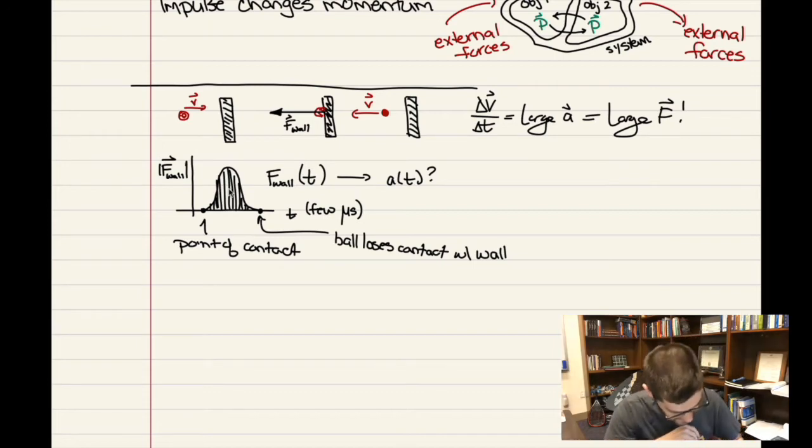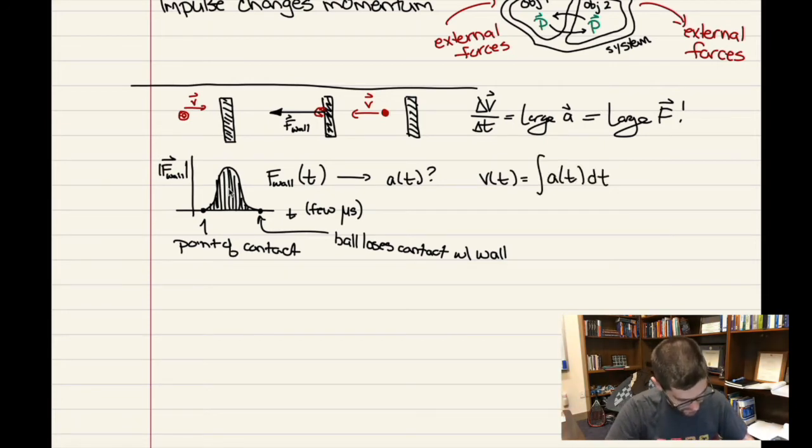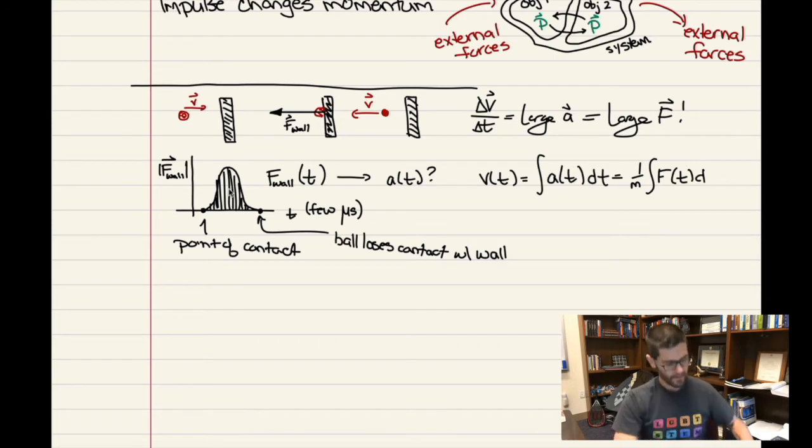To get the velocity as a function of time would then involve you having to do some integral over the acceleration, which would involve doing an integral over the force, divided by the mass, of this very complex looking force, perhaps not nearly as nice as what I've drawn.